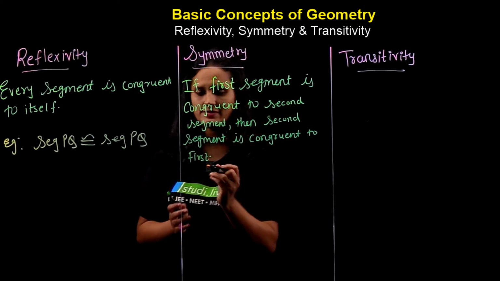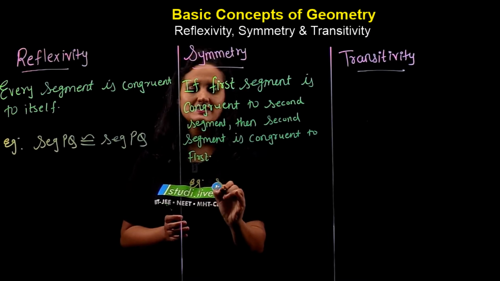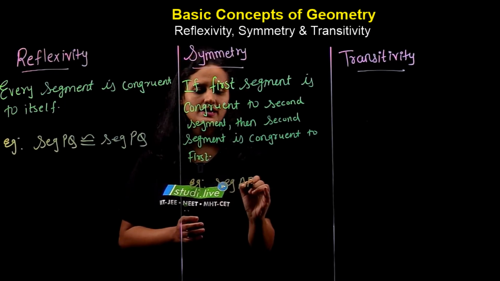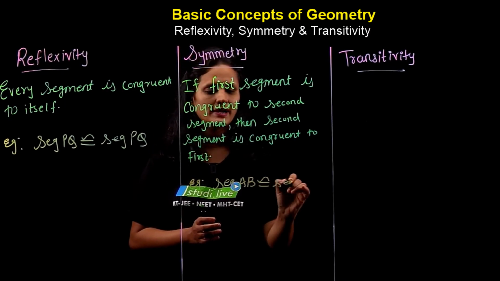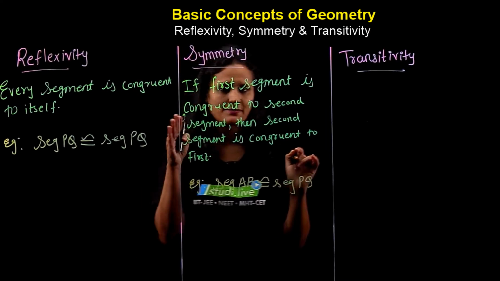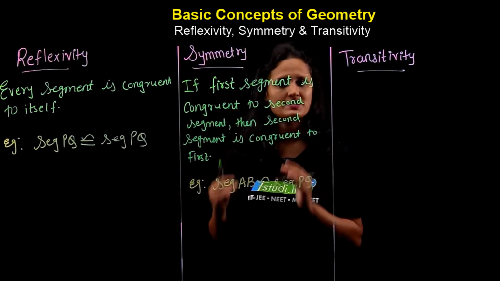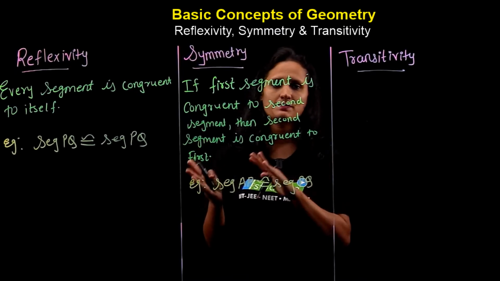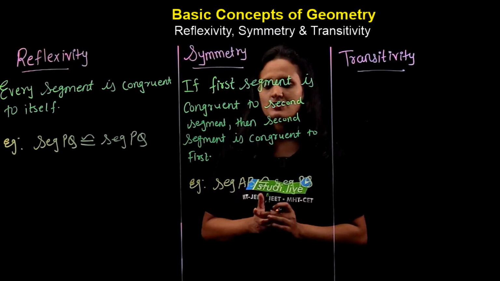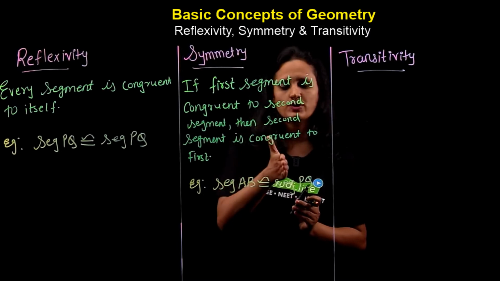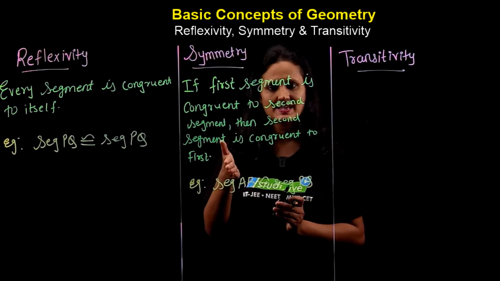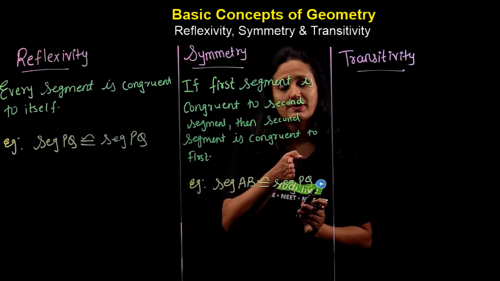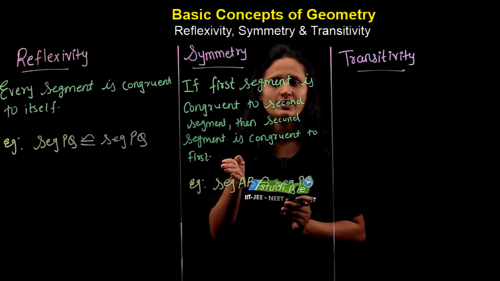Okay, for example, if I say segment AB is congruent to segment PQ, it means segment AB and segment PQ have the same length. Suppose both have 5 cm, so segment AB and segment PQ have the same length. So if segment AB is congruent to segment PQ, meaning the first segment is congruent to the second segment, then the second segment will be congruent to the first.